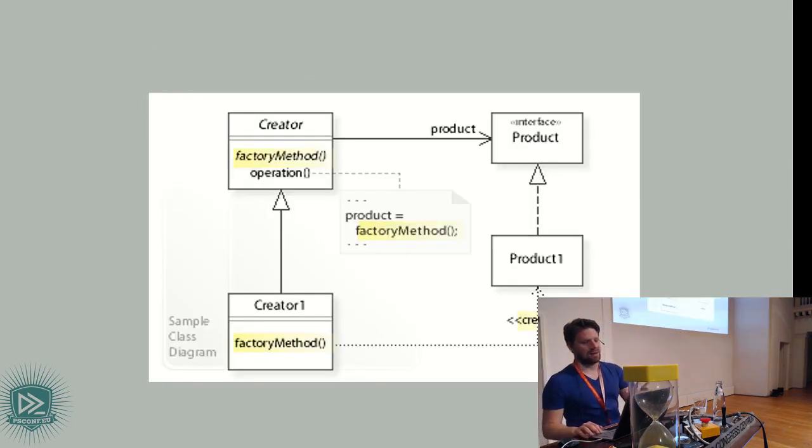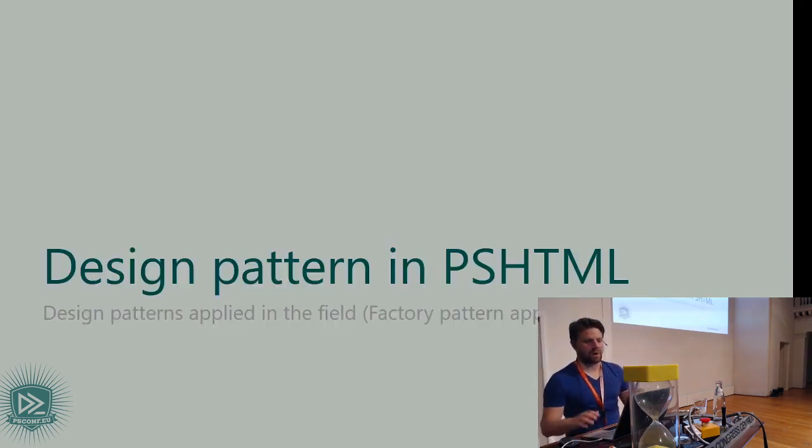And this is the raw, generic UML diagram of it. But we're not going to look at the technical details here. We're going to see how it's structured in a PowerShell implementation. So, design patterns in PSHTML.